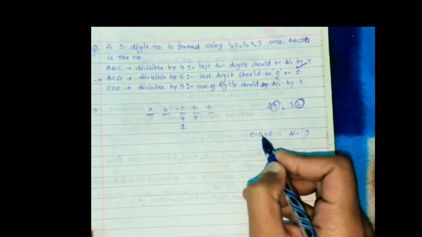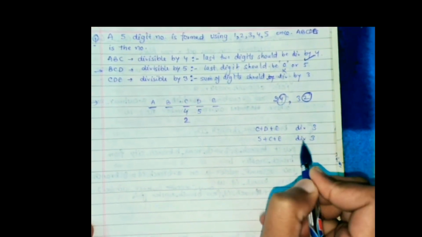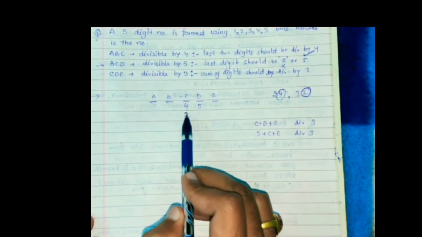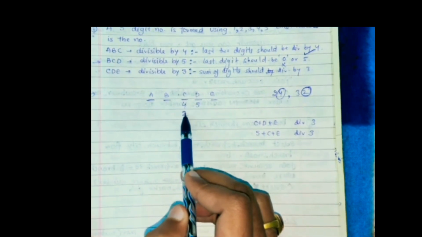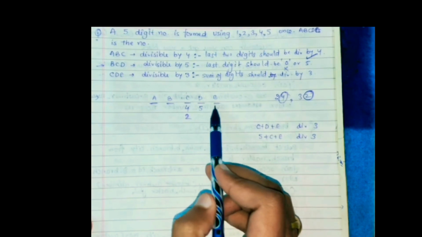So we have already got D as 5. So can we consider that C plus E should be divisible by 3? Also, here for C, we have taken two possible scenarios, one in which 4 can be the C digit and one in which 2 can be the C digit. So we are now left with the E option.